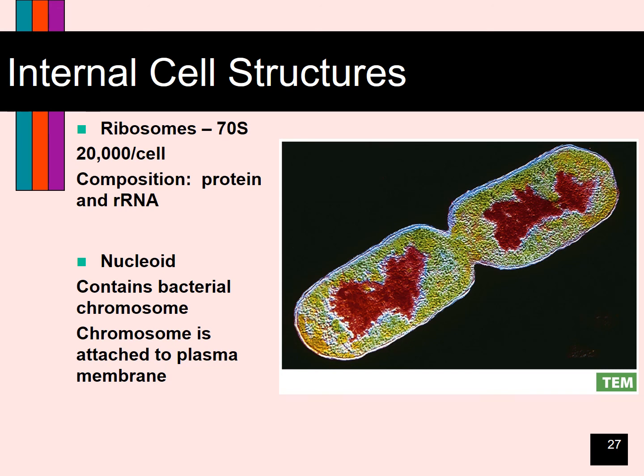Each copy of the chromosome is attached to the plasma membrane, and as the cell is elongated, that is actually facilitating the segregation of those two daughter chromosomes to the two daughter cells. So it's almost as though the plasma membrane here is playing a role in binary fission to segregate the chromosomes like the mitotic spindle does in mitosis.